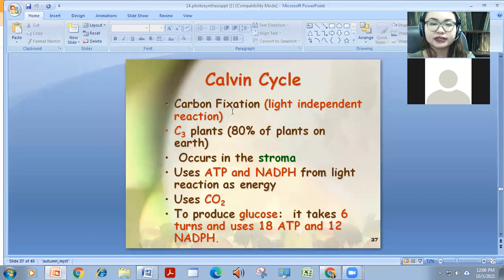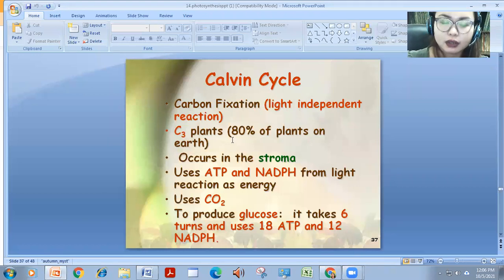We're in carbon fixation without the presence of light, or the light independent reaction. We have the C3 plants. This belongs to 80% of all plants on Earth.